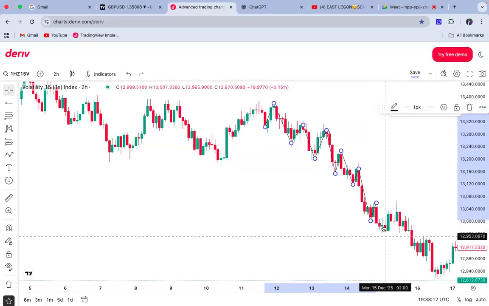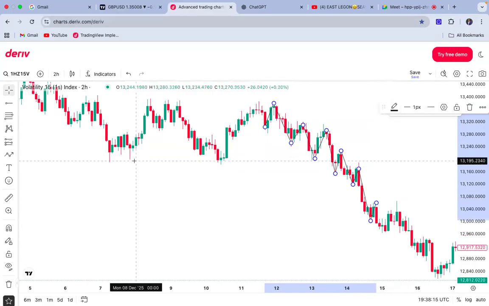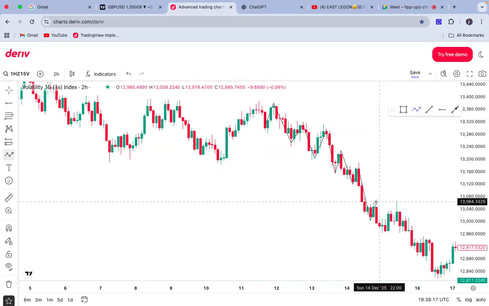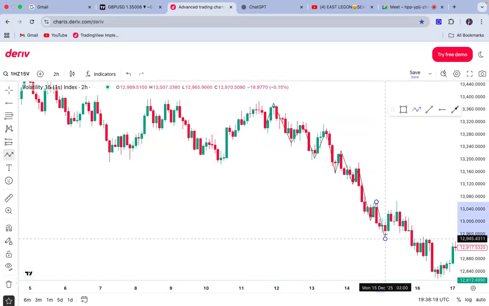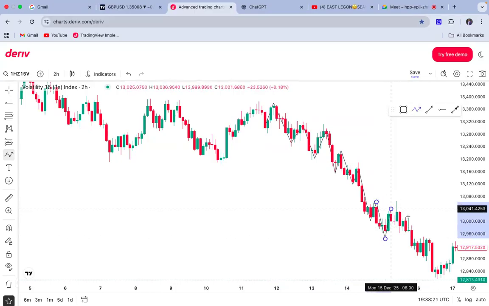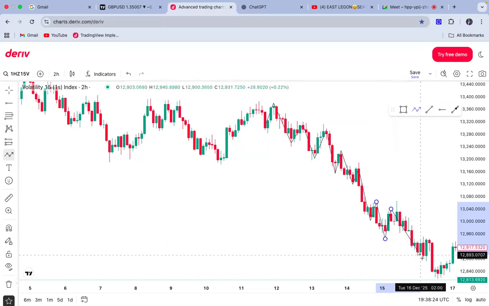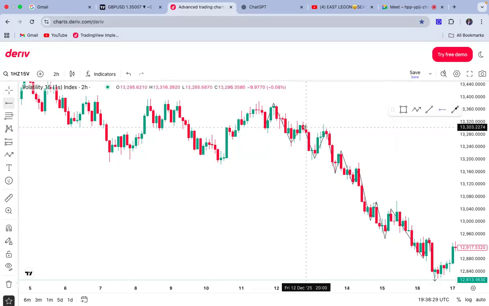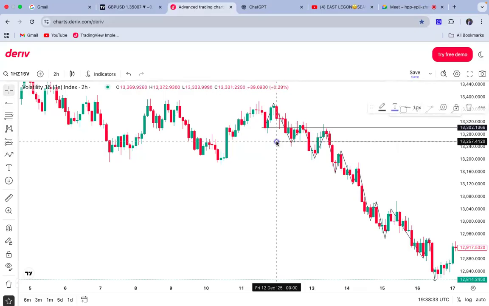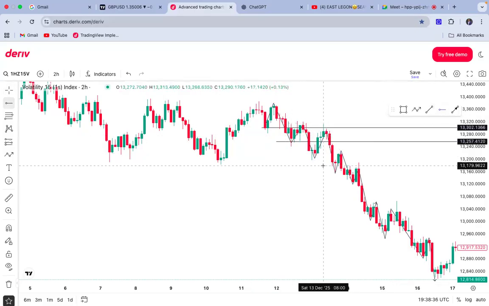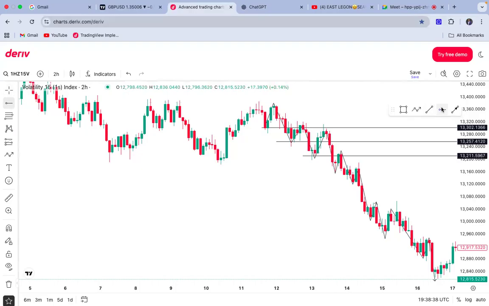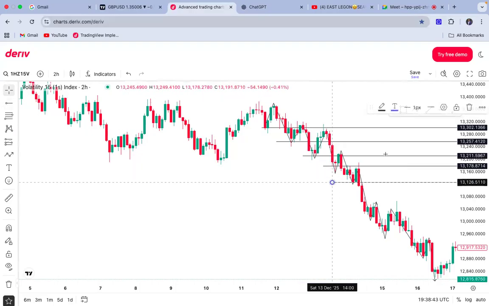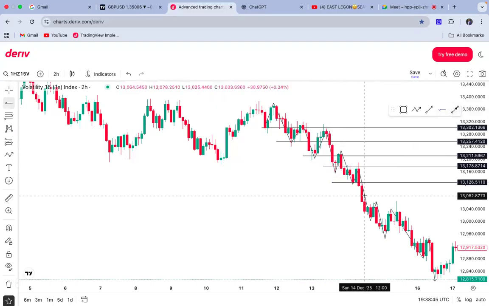So going down here means we saw bearish, red candles. Going up, green candles, right? Red, then green, and then red. So the same way, we are going to mark the lows or the lower lows, and then they are going to constitute what we call the resistance levels.